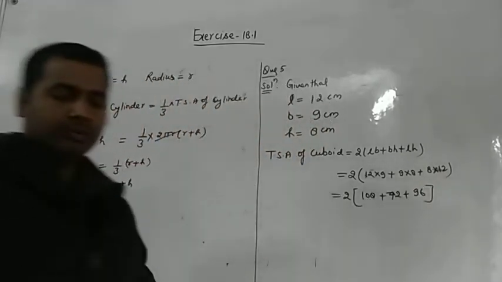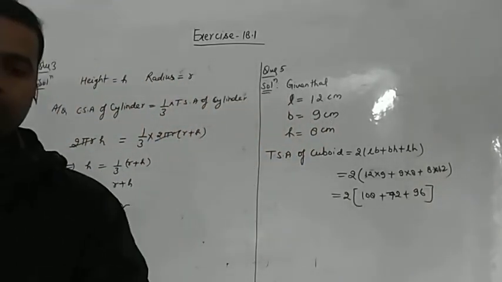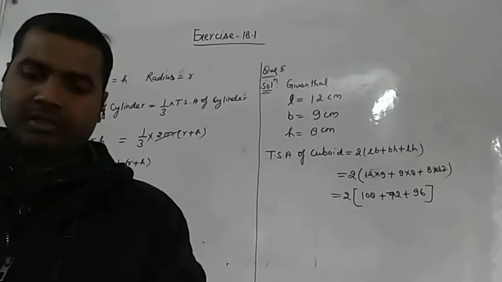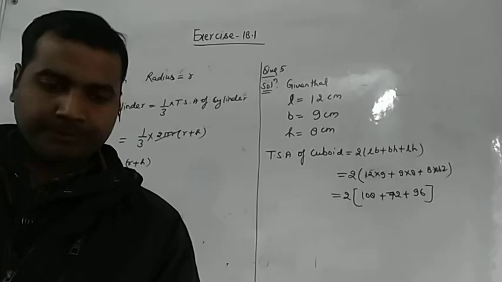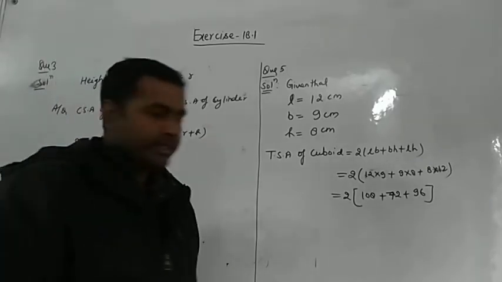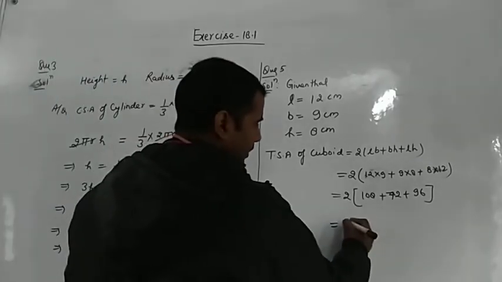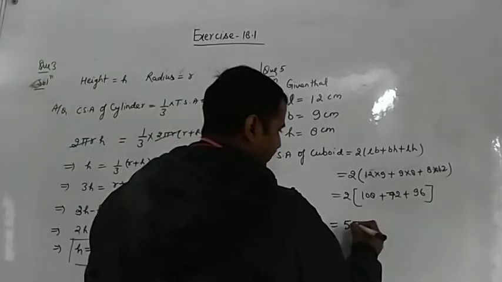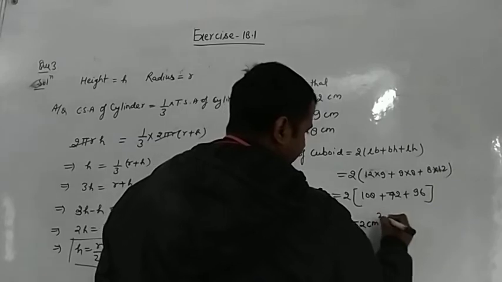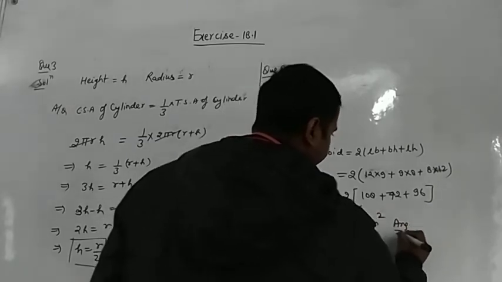Solve this value and get the answer. Now this value is multiplied by 2, which is 552 centimeter square. This is the answer.